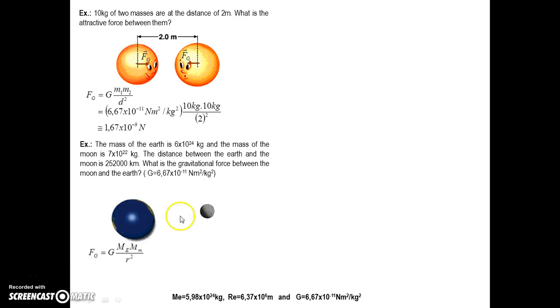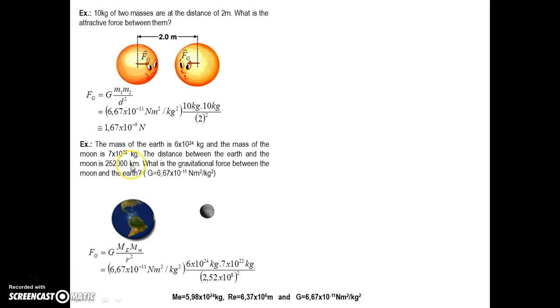For the gravitational force between the Moon and the Earth, we use the same formula. Fg is G times mass of the Earth times mass of the Moon over the distance between them squared. G is constant, and the masses of the Earth and the Moon are given in the question. We'll put them in the formula, and R we will convert.